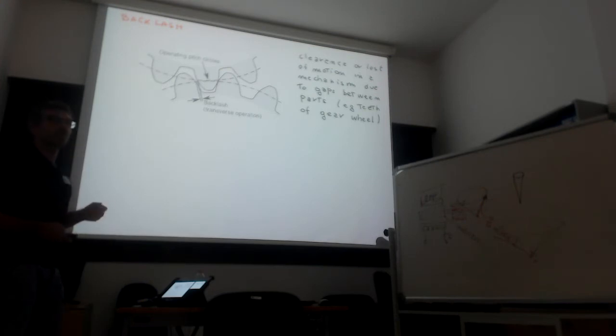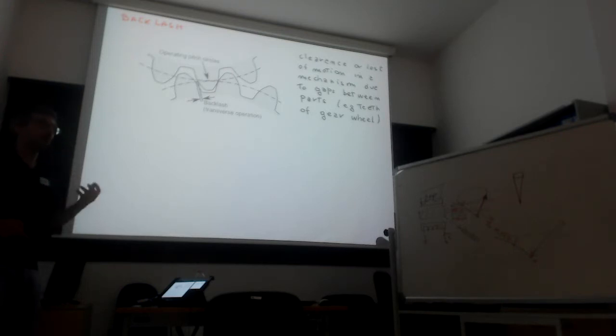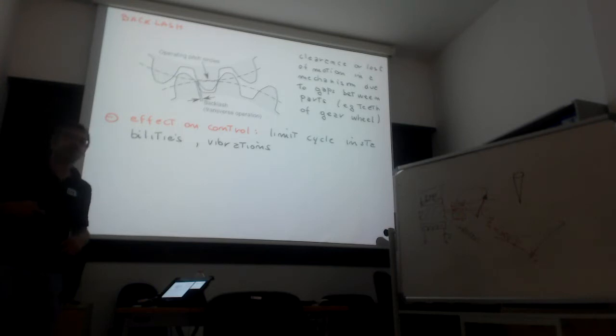This means that you have a discontinuity in controlling the force and the torque, and this creates instabilities if you have a torque loop, for example. This instability shows up as limit cycles or vibrations.